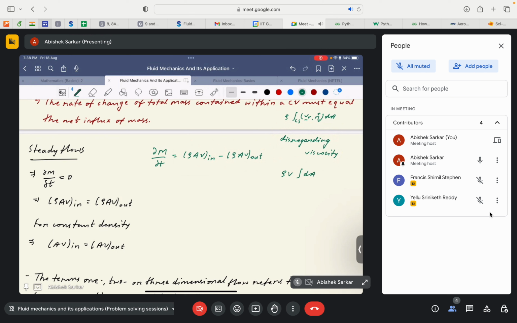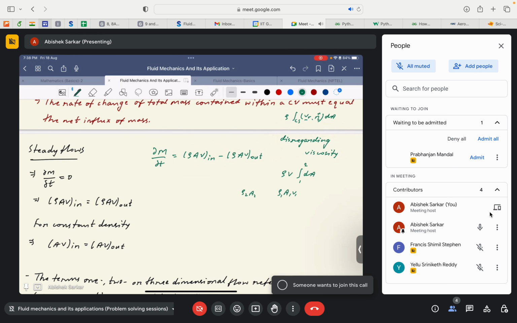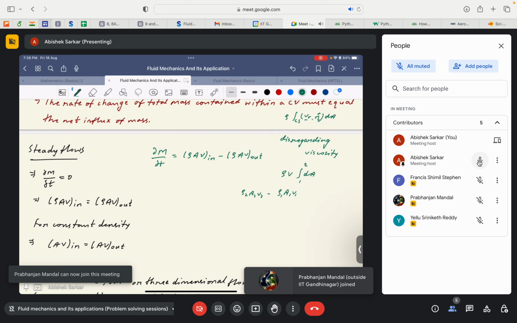So it will give us whatever the area may be, A1, A2. If it's 2 to 1, then it will basically give us rho 2 A2 V2 minus rho 1 A1 V1.